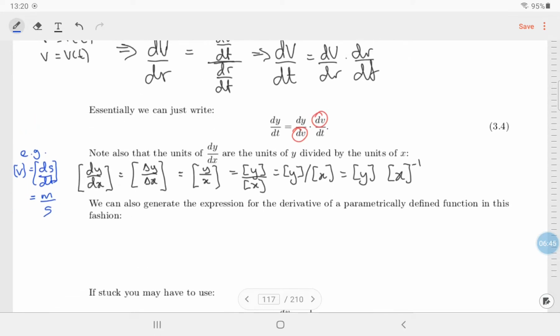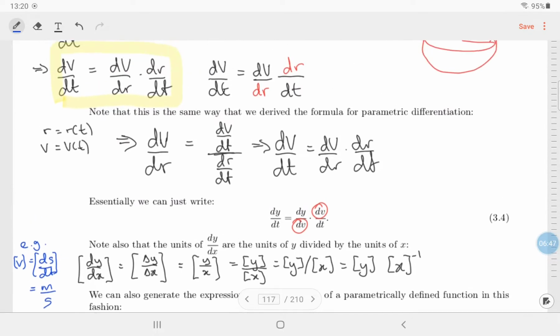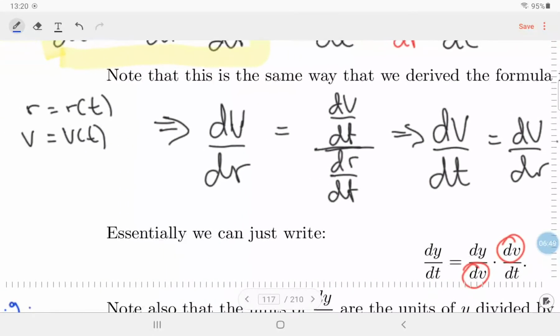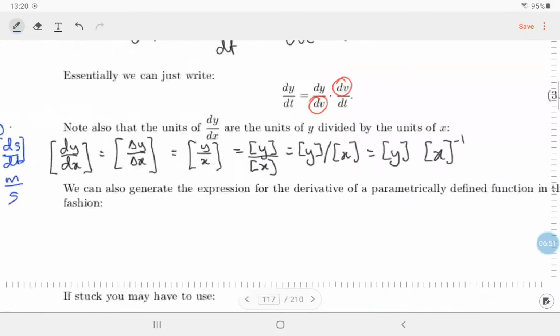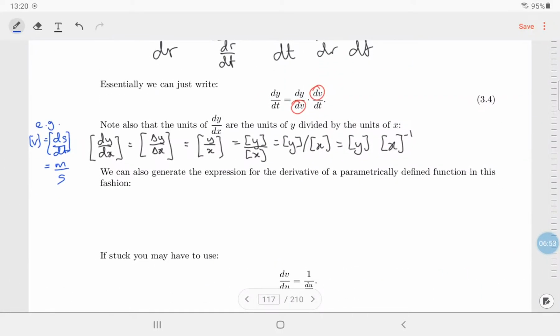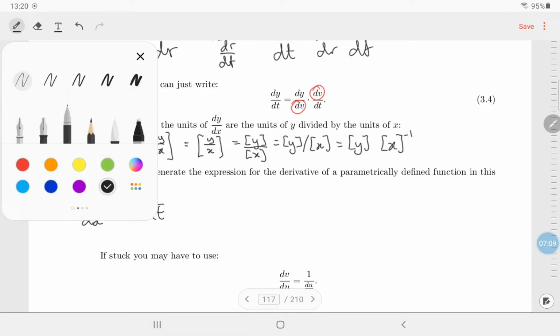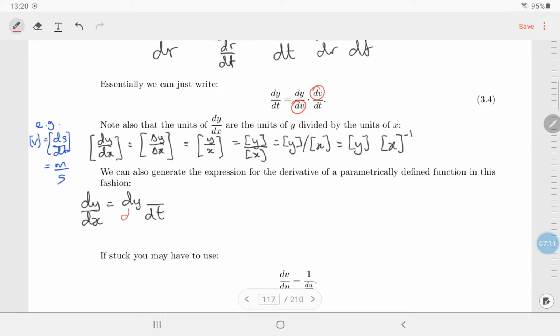Now on this line we've gone from parametric to related rates. You can also go from related rates to parametric. So you can write dy/dt is equal to dy/dx times dx/dt, spread it out and put in the other variable that's somehow related, which would be dx.